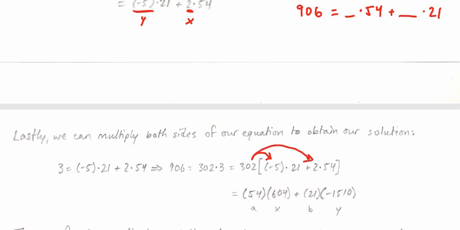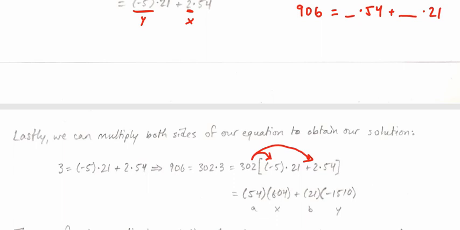Just like in the previous video when we learned about reverse engineering the Euclidean algorithm, we said that we only multiplied the numbers out front by that coefficient. Well, we're doing the same kind of thing here. So that 302 gets multiplied into the -5, and it also gets multiplied into the +2.